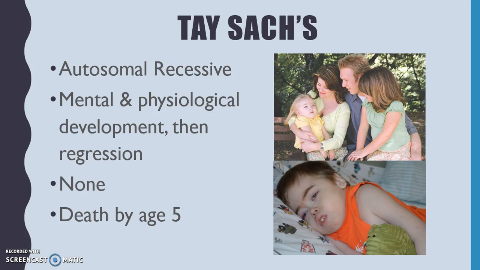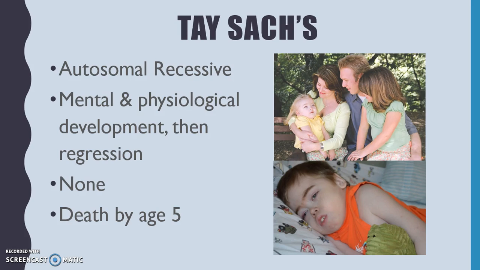So if you are born with Tay-Sachs, you might be able to sit up for a little bit, you might be able to start feeding yourself, but then at a certain period, you will actually regress and go backward. You will lose those skills and those motor functions that you had previously acquired. And it will continue. It doesn't stop.